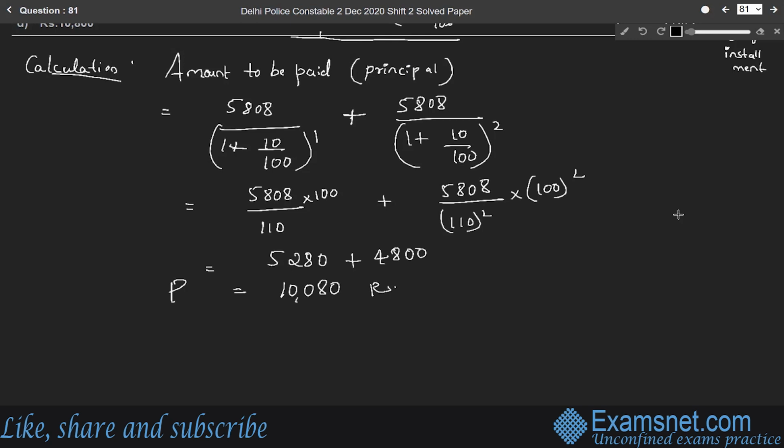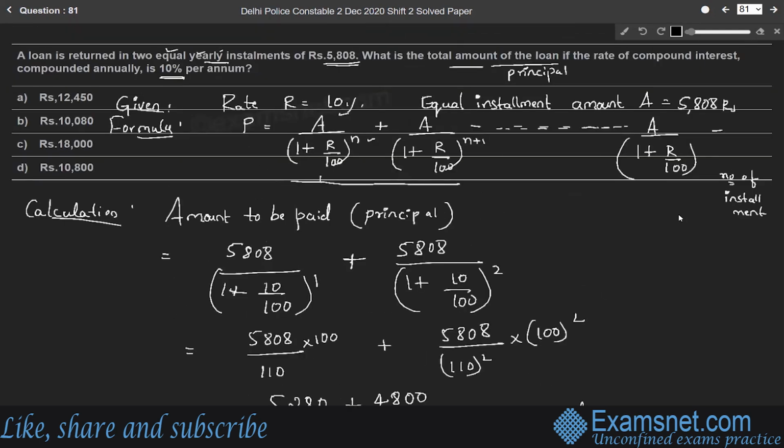So this will be the loan, the principal amount given. Therefore, the amount to be paid as loan is 10,080 rupees. Hence, option B is the right answer, 10,080 rupees.